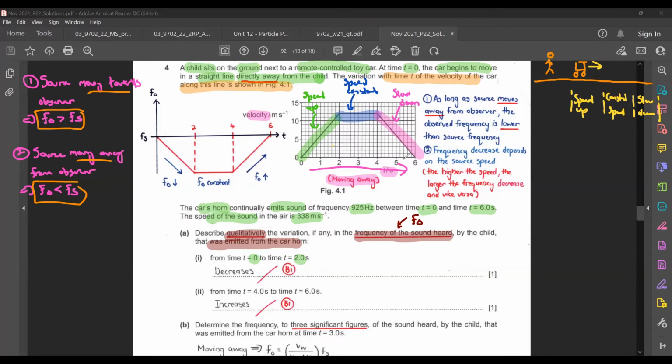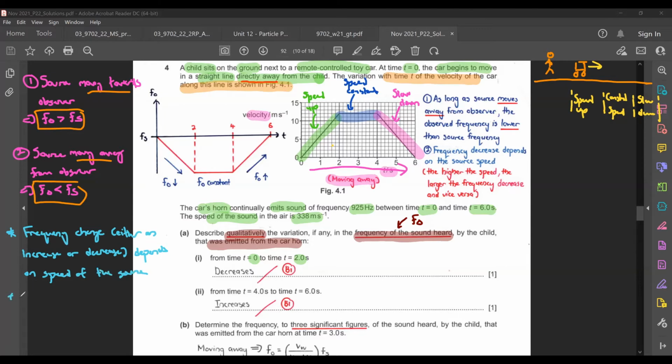Okay, so right now, there was also another thing that I should mention from here. Your frequency change, which is either an increase or decrease, depends on the speed of the source.